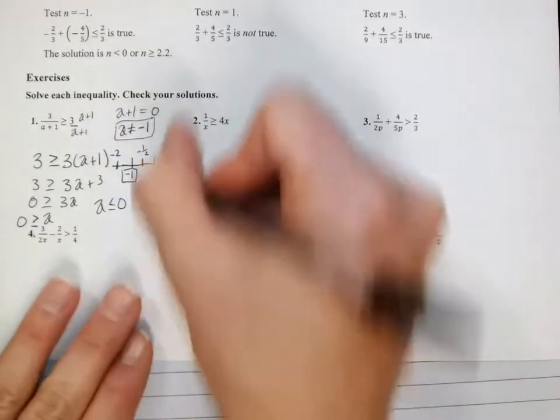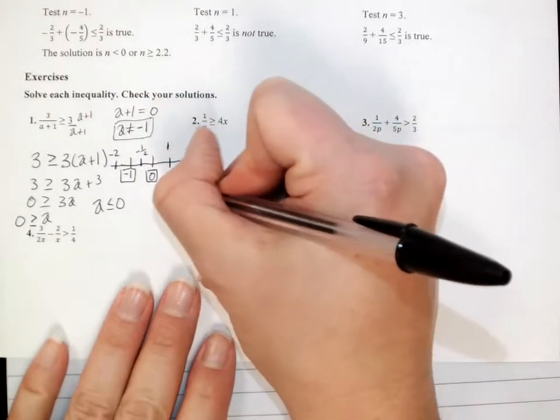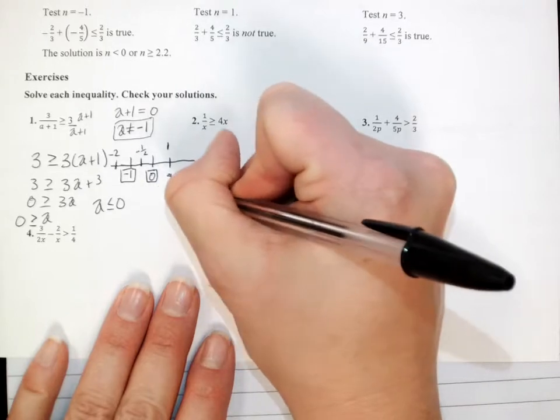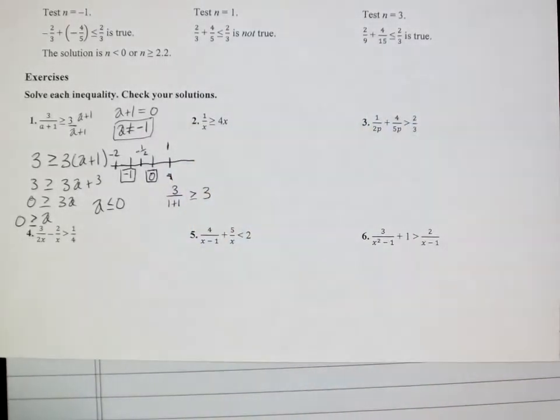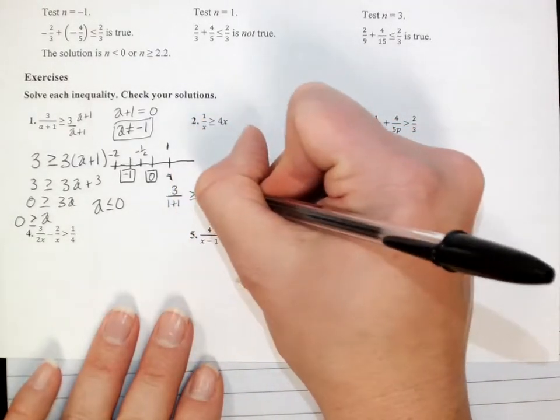We take those points and plug them into our original inequality and see if what we get is true. Okay, so check it out. If I have 3 over 1 plus 1 is greater than or equal to 3. Is that true or false? Well, that's 3 over 2 is greater than or equal to 3. That is not true. False.